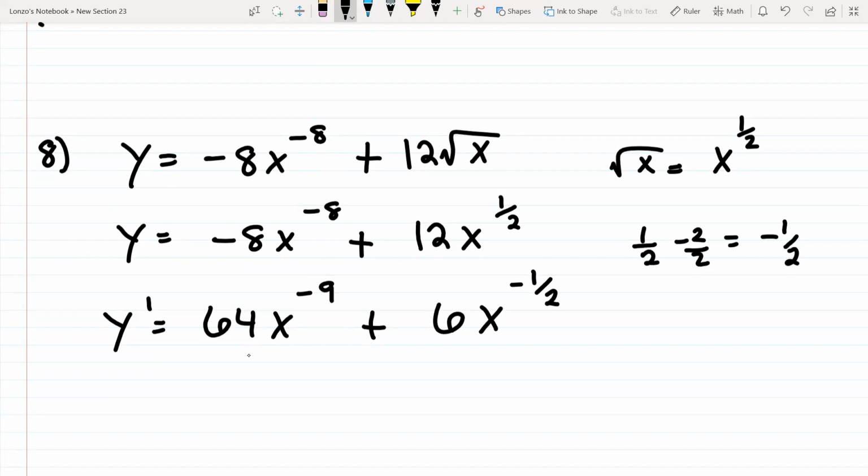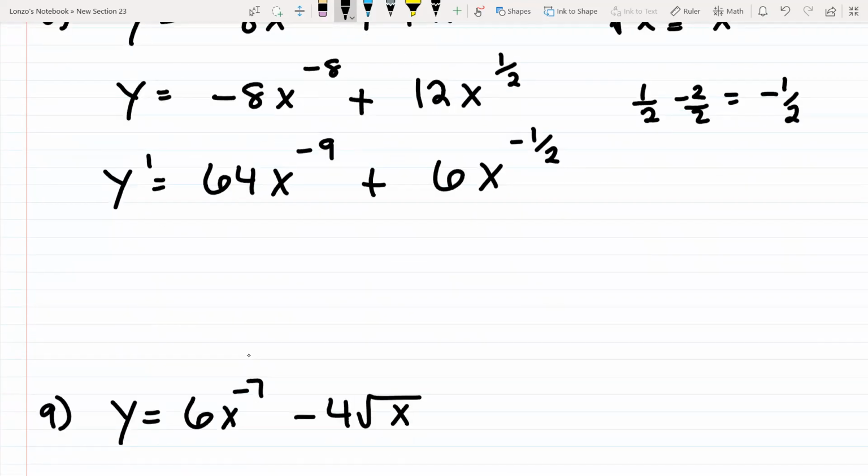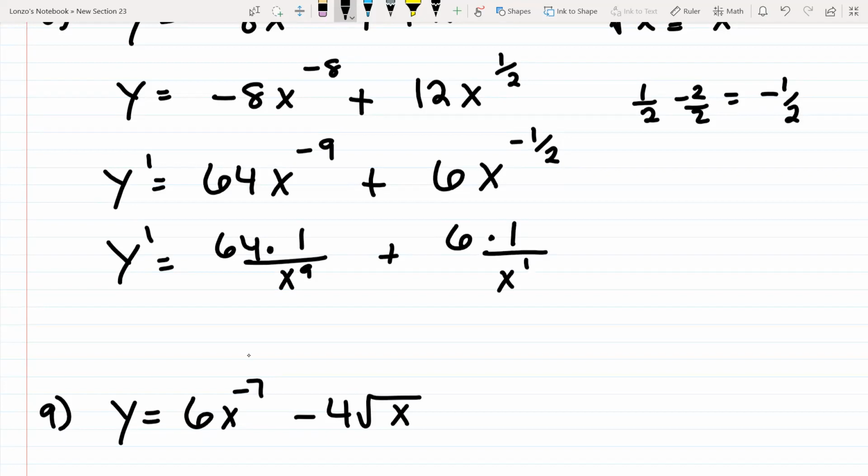And then if they ever ask you to put it in only positive form, your final answer would be 64, and then times, how do I write x to the -9 as a positive? It would be 1 over x to the 9 plus 6 times 1 over x to the positive 1/2.